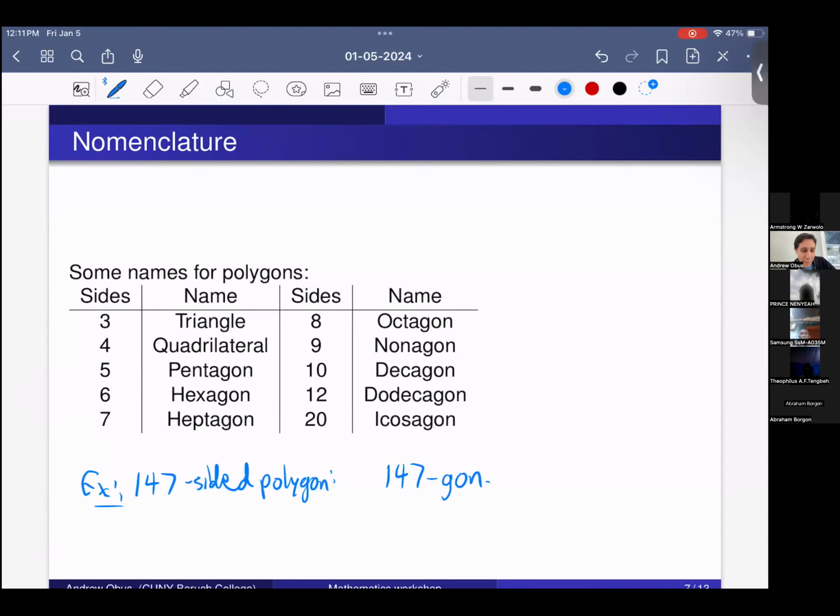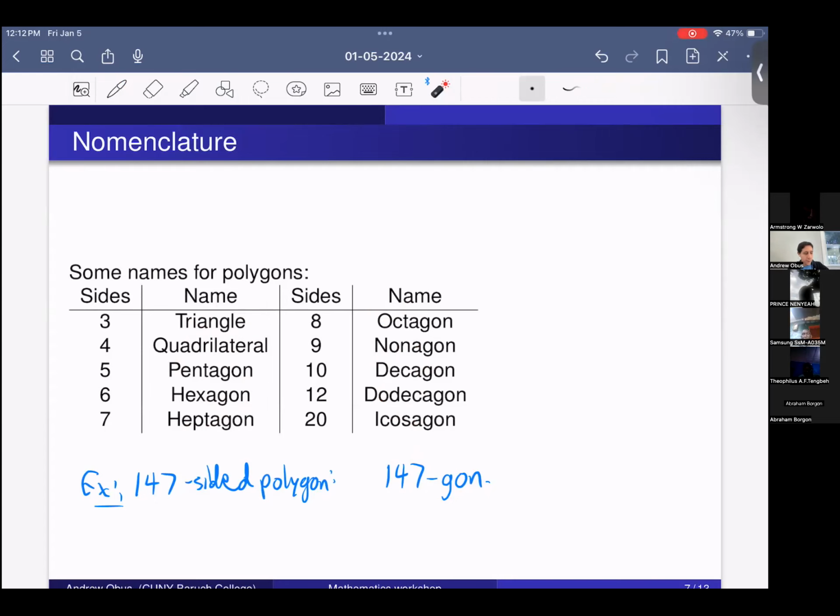There is some appropriate Greek prefix that you could use for that, but nobody knows it and nobody will know what you're talking about. So if you have a large polygon, you usually just use the number. You just say a 147-gon. But for these numbers, the words are sometimes used.